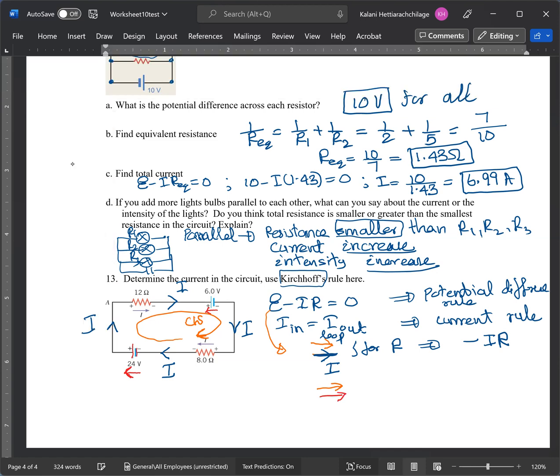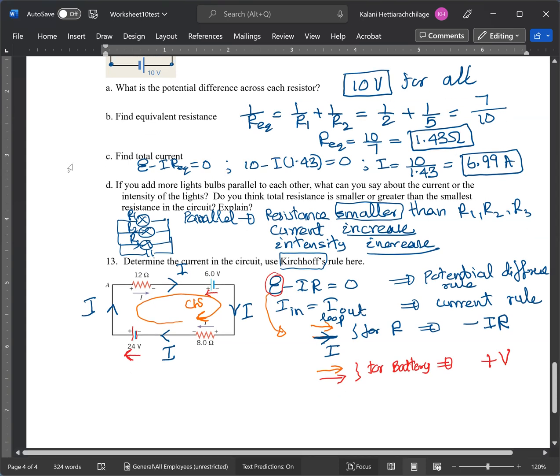If they are in the same direction, for the battery, you have a positive voltage, which we call epsilon, that symbol here, that's the voltage. That's the rule.